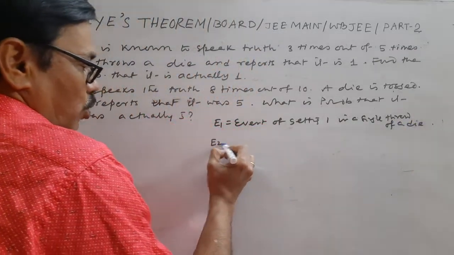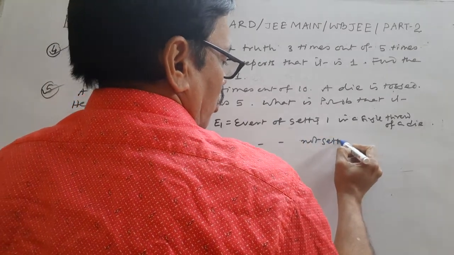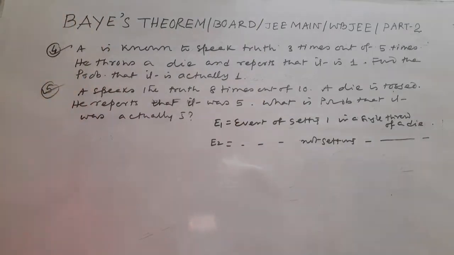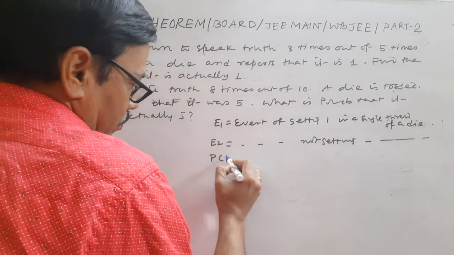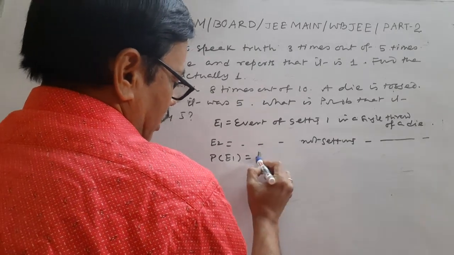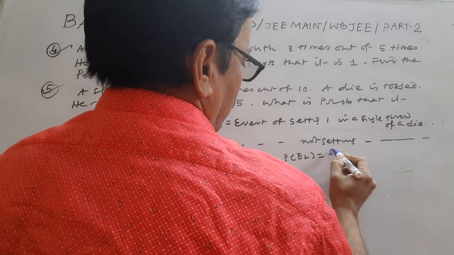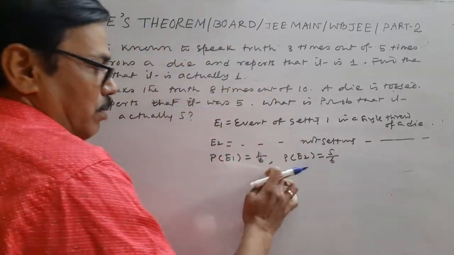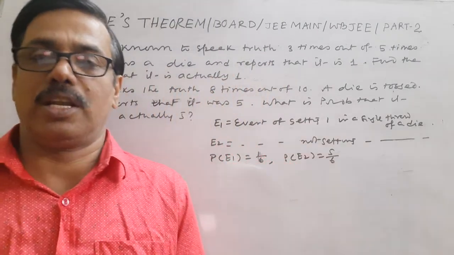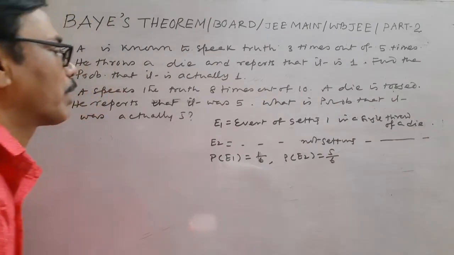E2 is the event of not getting 1. So P(E1) is 1 by 6 and P(E2) is 5 by 6. So E1 plus E2 is 1, so they are exclusive and exhaustive. This is the criterion of Bayes' theorem.